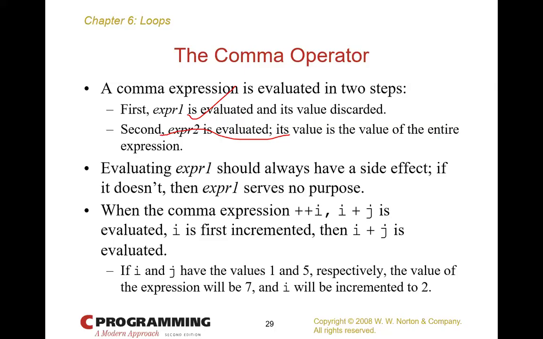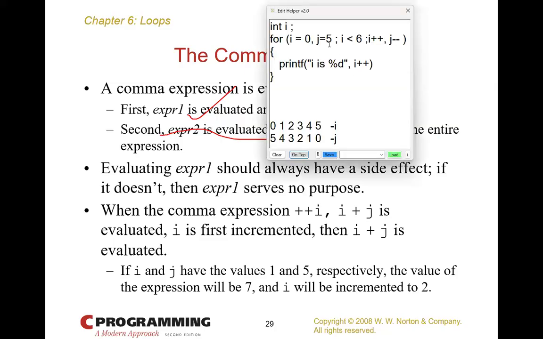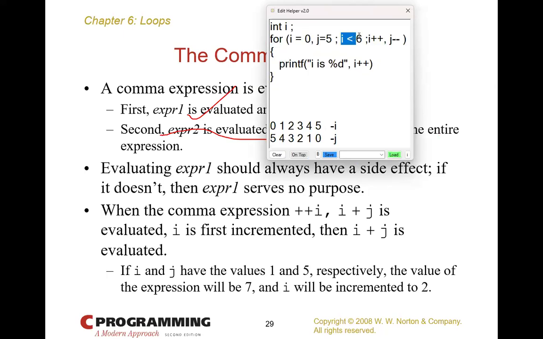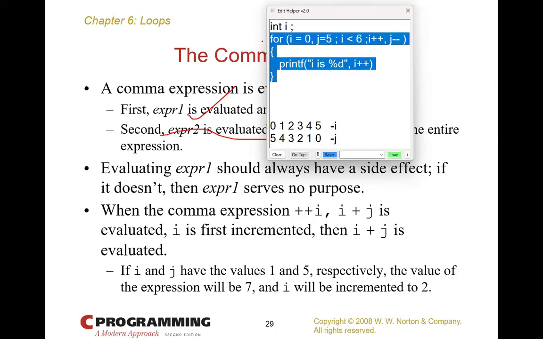Let's bring our code back. So expression one is evaluated and thrown away. Then the value of the entire for loop is the value of expression 2. What is expression 2? Is i less than 6? If this is true, the answer is going to be 1. So the value of the for loop is 1, though that is not going to be the value of i.